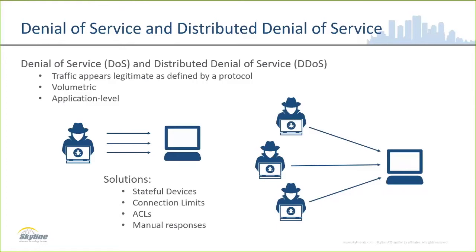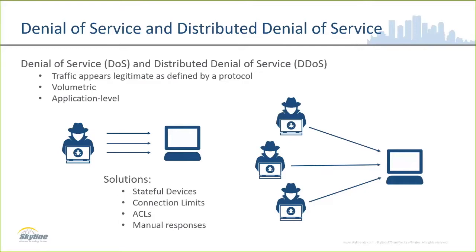Connection limits, which are usually placed on the inside of the network to prevent attacks from occurring on the inside of the network, usually unintentionally. We can also use access control lists for traffic filtering based on a set of rules. And then, of course, manual responses. Manual responses are usually done after an attack has occurred, and we're actually tuning our firewall.